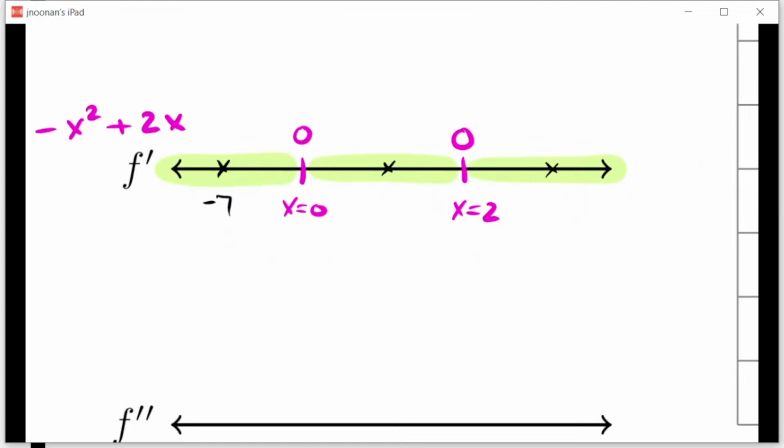I get negative times -7 squared plus 2 times -7. So that's going to be negative times positive 49, because -7 squared is positive 49, plus 2 times -7. You could always do this on your calculator, and you end up getting negative 63. Yeah, negative 63 is the final answer.